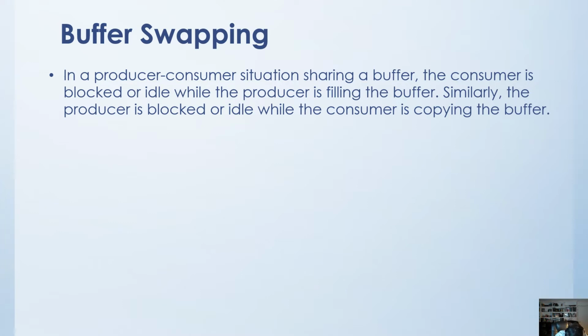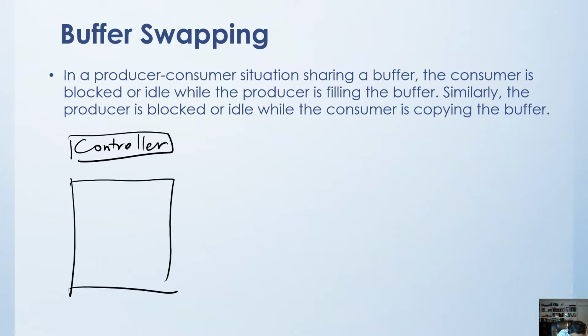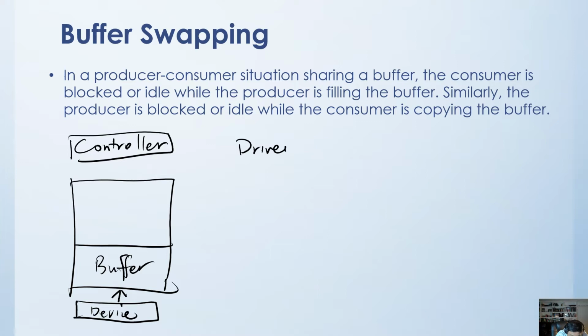So we have a device controller, and the device controller has a buffer, and here's the device. Now the buffer is regarded to be shared by the device and also by the driver, the device driver.